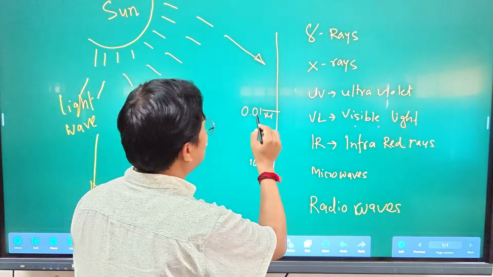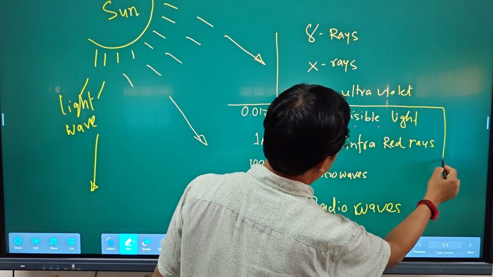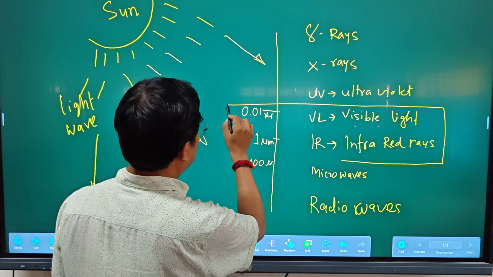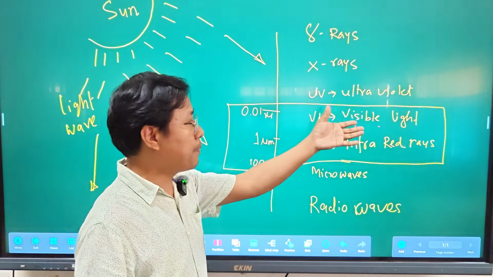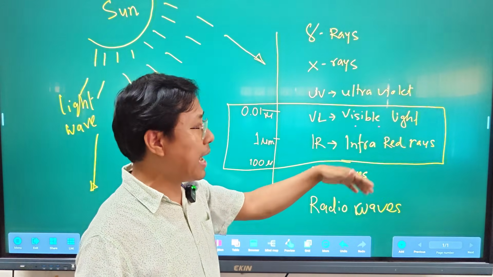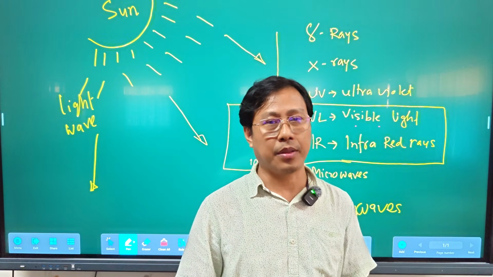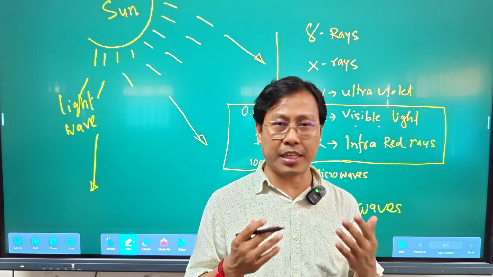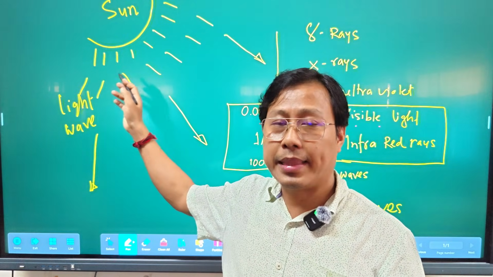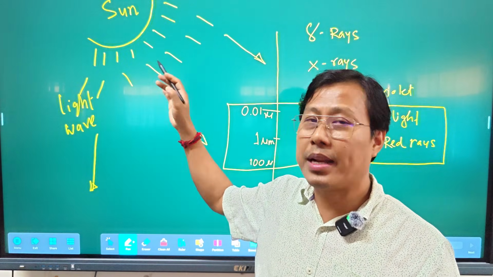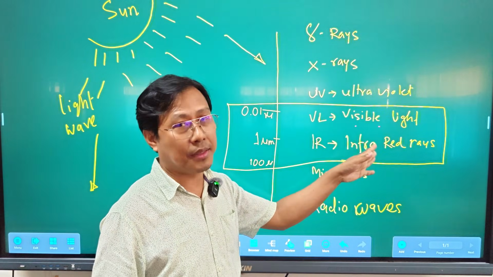Whatever waves we have in this particular range, they cause the thermal radiation heat transfer. So we are studying the heat transfer which is caused by radiation, and that heat transfer due to radiation is obtained by these particular lights.